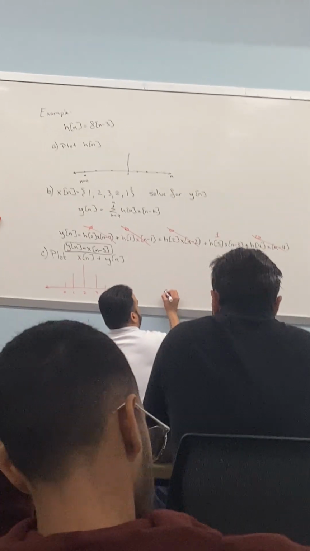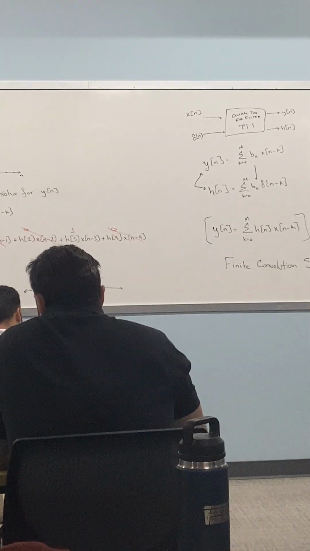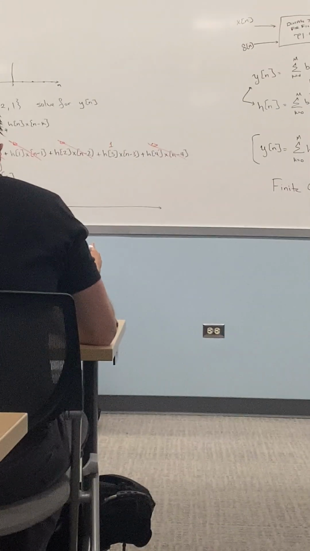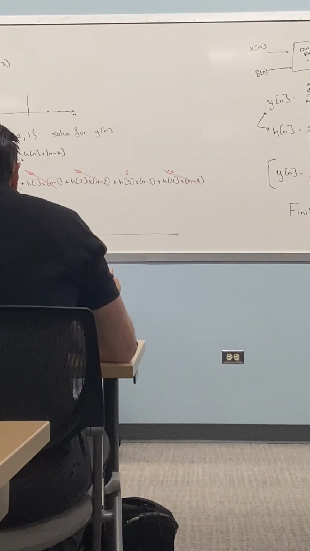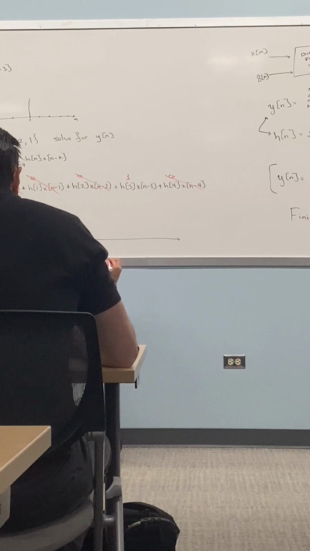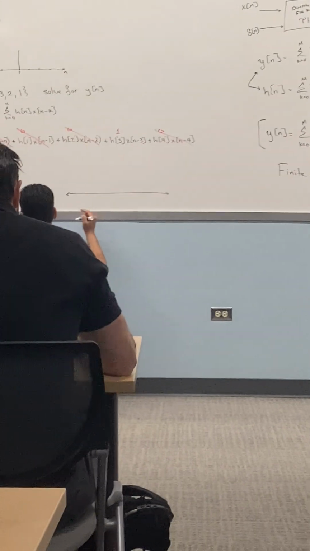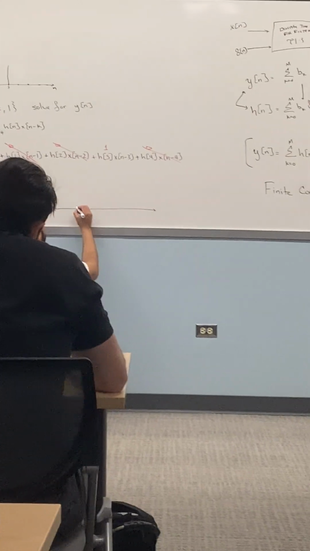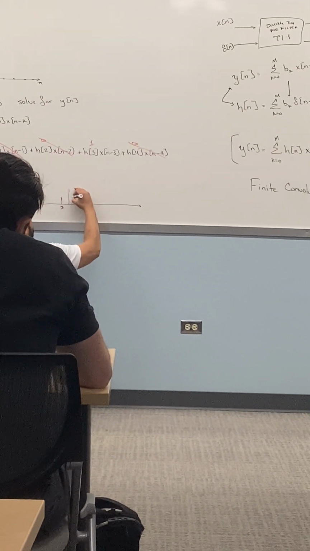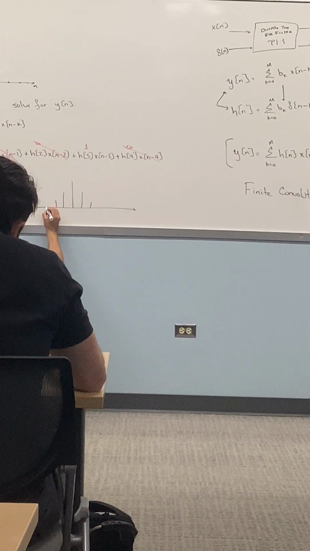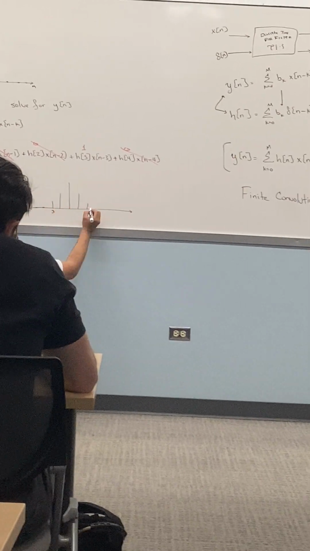For y of n, we're gonna get this x of n back, but it's gonna be shifted 3 which way? That way. So it's gonna be 1 at 3 from 0, and then 2, 3, and then 0 everywhere else.